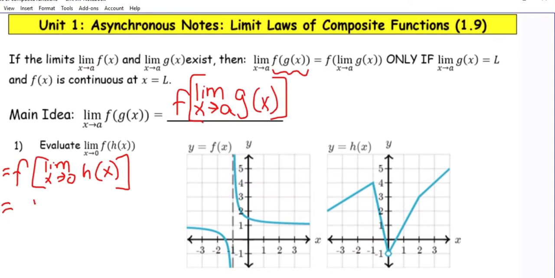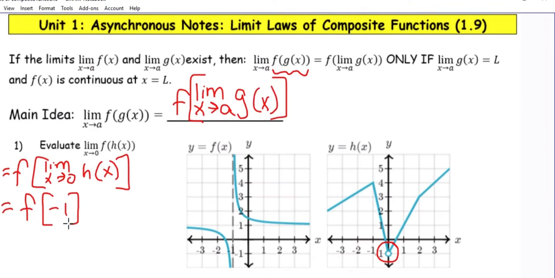Let's evaluate the inside first. The limit as x approaches 0 of h of x. Let's come over to our h graph, and the limit as x approaches 0 is down here at -1. So we can replace that with -1.